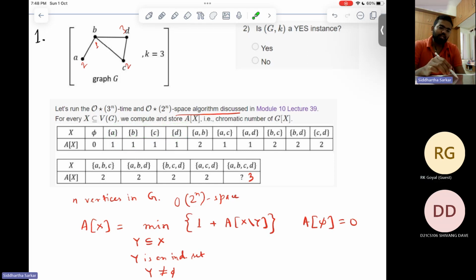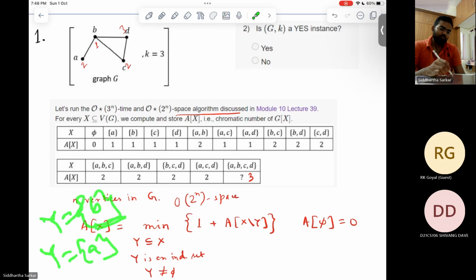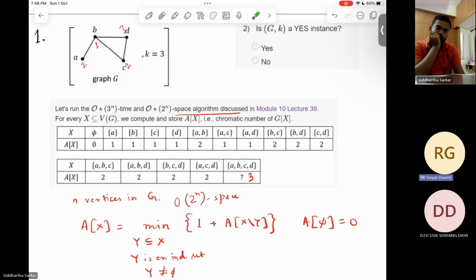Now consider A comma B. A is an independent set, B is also an independent set. So we have to check which one is giving the minimum value. So we have two cases. One case is Y is equal to A. The other case is Y is equal to B. It could even be AB as well, that could be the third possibility.